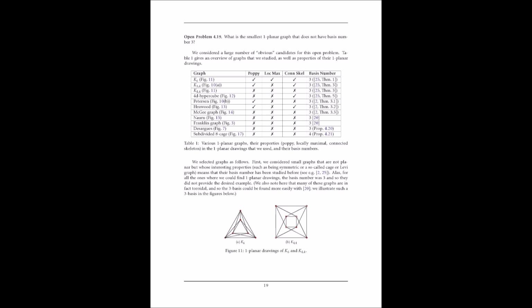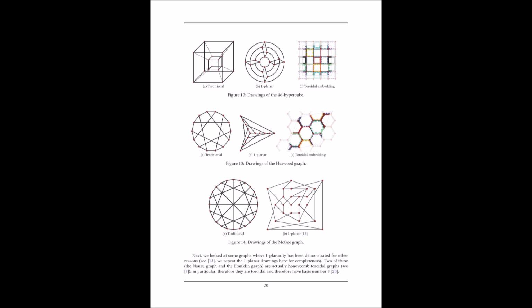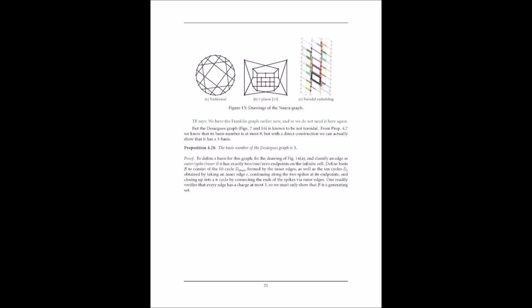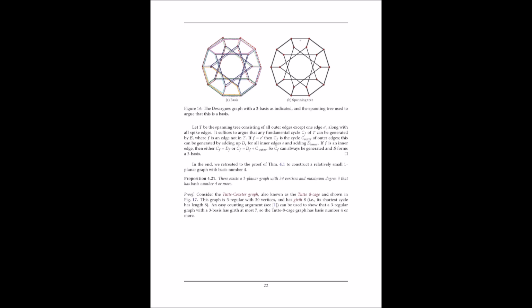But how does this connect to the overall 3 basis for the whole graph? We're not just dealing with isolated poppies, right? You're right. We need to consider how those poppies fit into the larger graph structure. And that's where the balanced orientation of the skeleton comes in. Remember, the skeleton is that planar subgraph formed by all the uncrossed edges. Right, it's like the backbone of the graph holding everything together. Exactly.